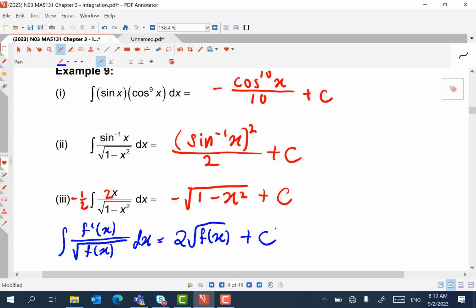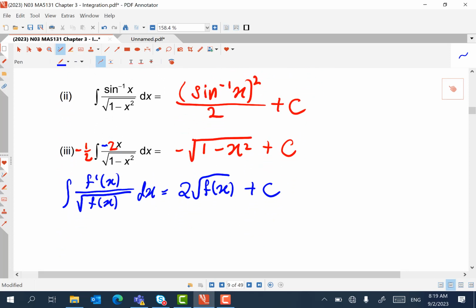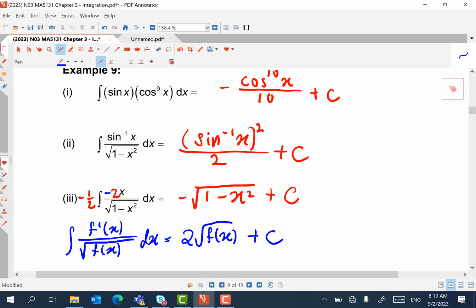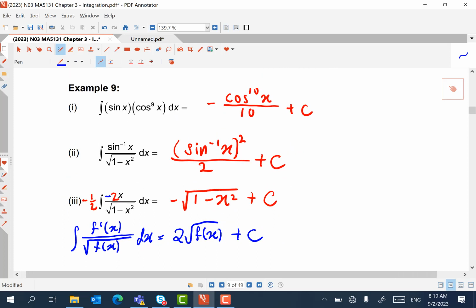Okay, I messed up the minus. Thank you, Kailash. Okay, any question to raise for example 9? Good? Okay.